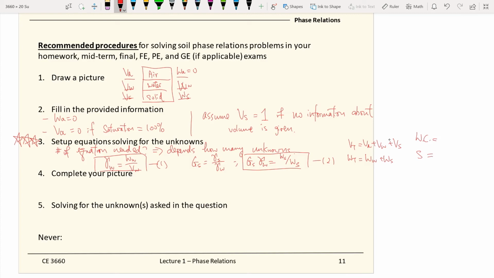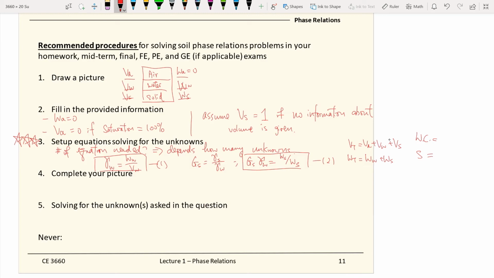But which ones to use depends on the questions, on what information is given to you and what is being asked. So this equation step number 3 is the most important one. But once you finish this step, what remains is just simple algebra.